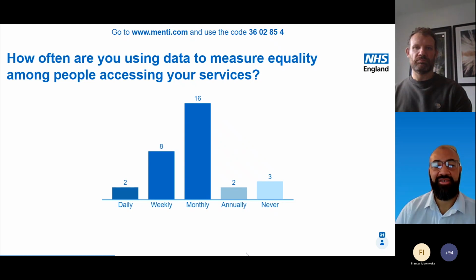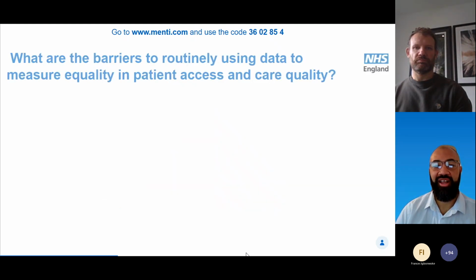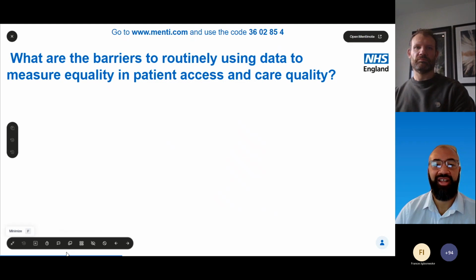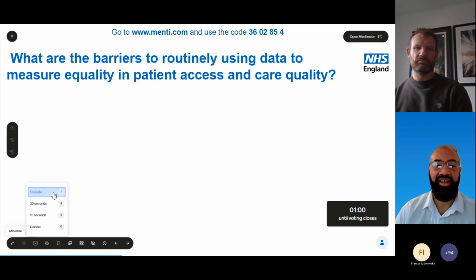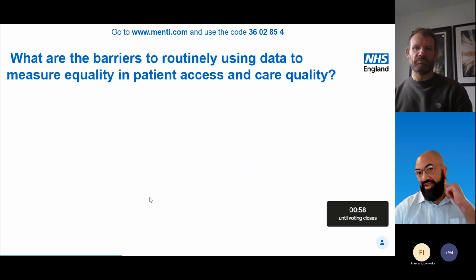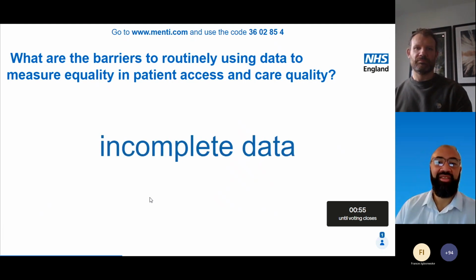And the next question is a word cloud. What are the barriers to routinely using data to measure equality in patient access and care quality? This one will be a word cloud, and we've got a minute, so if we wanted to start putting in what they see as their barriers.